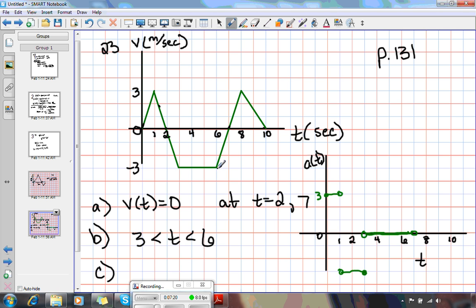Between 6 and 8, I have a slope of 3. And between 8 and 10, I have a slope of -3/2.